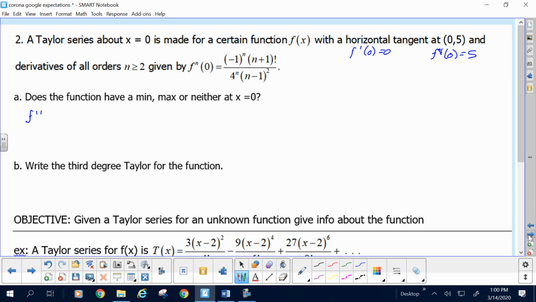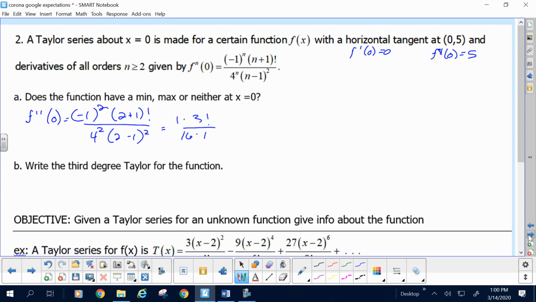So the second derivative at 0 would be negative 1 to the 2, where 2 represents the number of the derivative, times 2 plus 1 factorial over 4 squared, 2 minus 1 squared. So that's positive 1 over 3 factorial, 16 times 1.